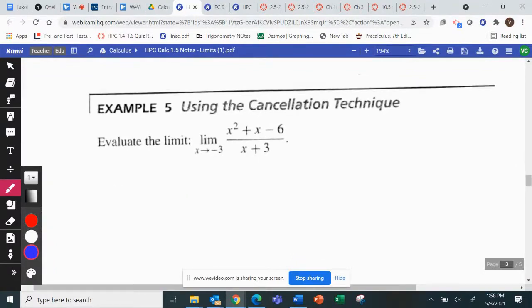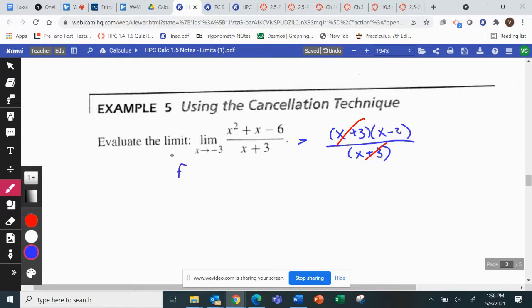Right away, I notice if I plug in -3 here, I'm going to have a problem because it's not going to work. So instead, let's see if this factors. It does factor, and the x plus 3s are a common factor, so we can cancel those out.